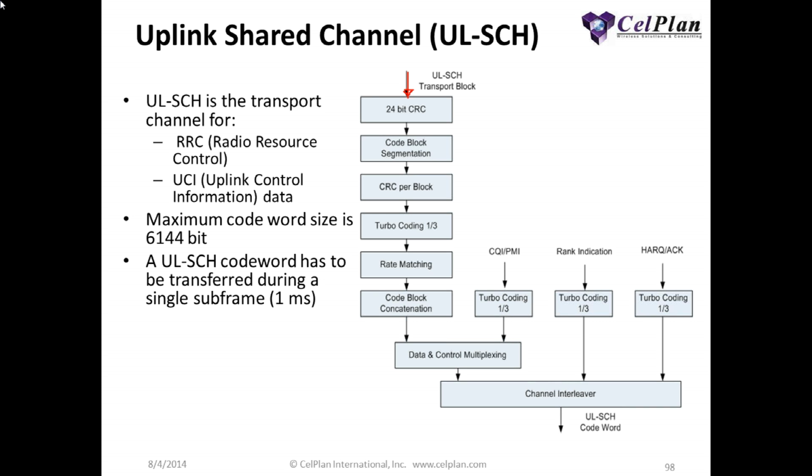And similarly to the downlink, it is segmented in code blocks due to the turbo code limit of 6144 bits, I believe. And then a CRC is added by block. Then we do turbo coding at 1/3 for each block. We do rate matching, and we do code block concatenation.